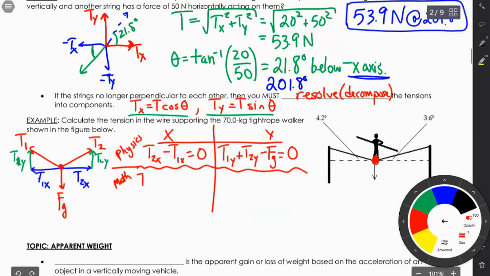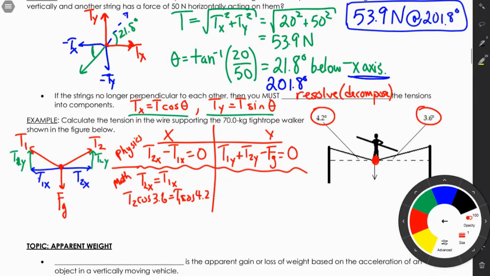And so I'm going to do T2x equals T1x, okay? Now, the angles are different. I forgot to mention that the angles are different, okay? If they're equal, then you just say T1 equals T2, if the angles are the same. But the angles here are different. So it's going to be T2 cosine 3.6 equals T1 cosine 4.2, okay?